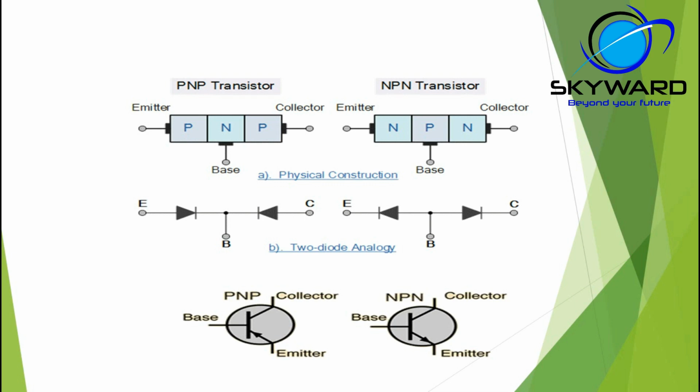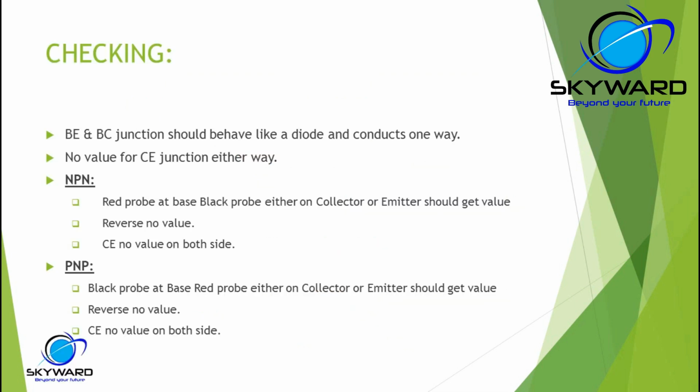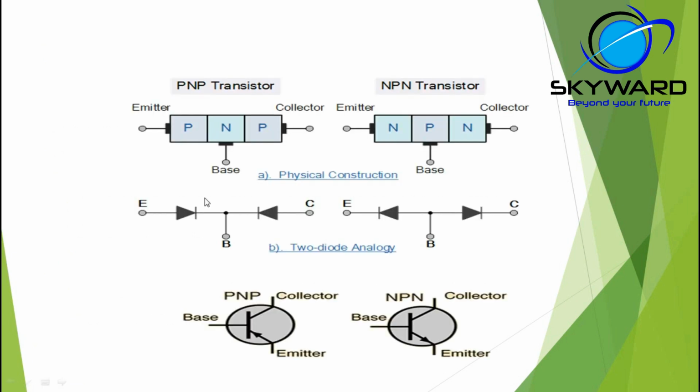I think you understood. So the checking is just like a dual diode. Let me check it, then you can read that theory. In a diode, when the multimeter's positive probe is on the positive side of the diode and the negative probe on the negative side, with the multimeter in continuity mode, some value will come.